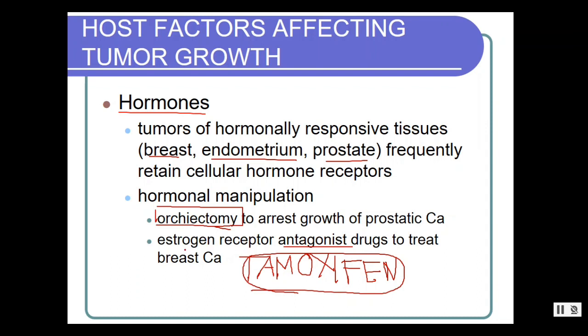It inhibits the receptor of your estrogen. And so, what happens? You're preventing the attachment of estrogen to the receptor, and therefore the tumor will not grow. Okay, the tumor will not grow. So, because of tamoxifen.